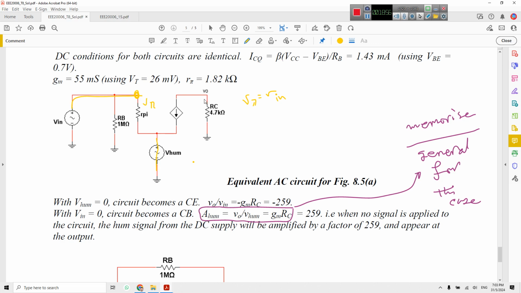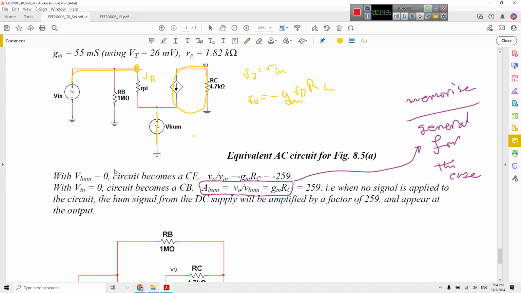Then from this one, this is the output, this is the V out, so V out equals minus gm V pi times RC. Then you can calculate V out over V in, which is this value.